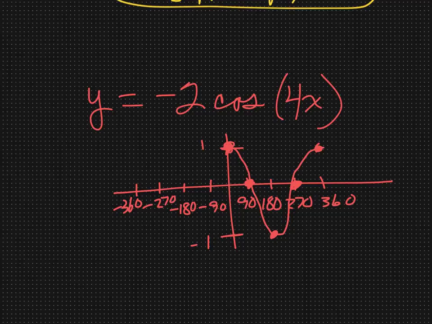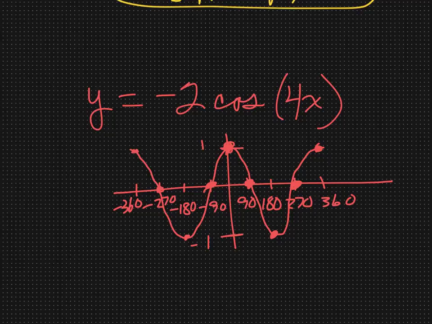So if it's a sine graph, we would start with sine of those 4 values. And we know it's periodic, so we know it's going to repeat on the other side of 0. So it looks like that. Okay, then I encourage you to adjust for the period.